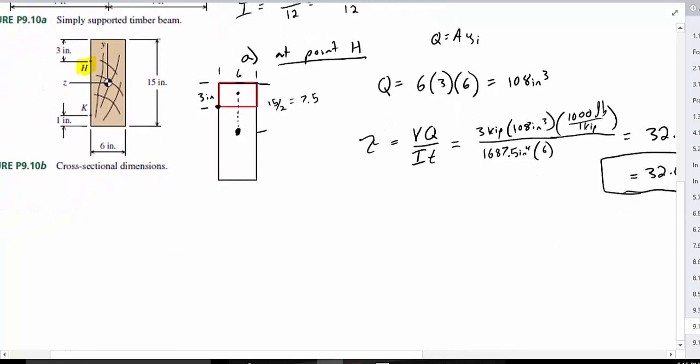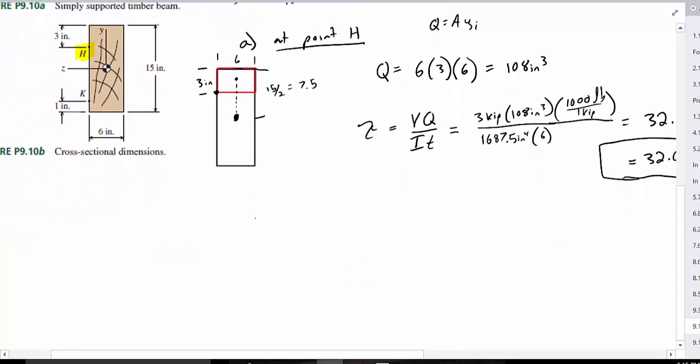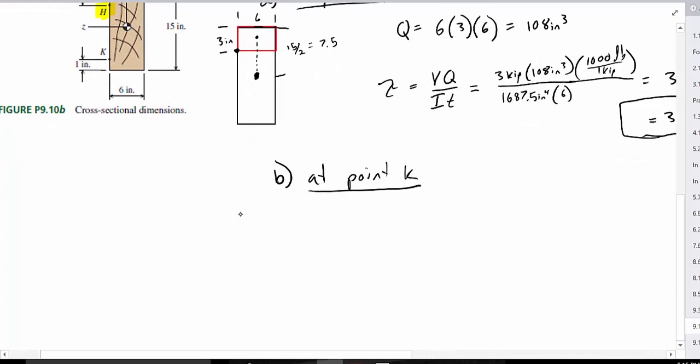So the next part of the problem asked for point K, right? So at point K, I'll draw another rectangle so you can see where we're going to find our Q value.